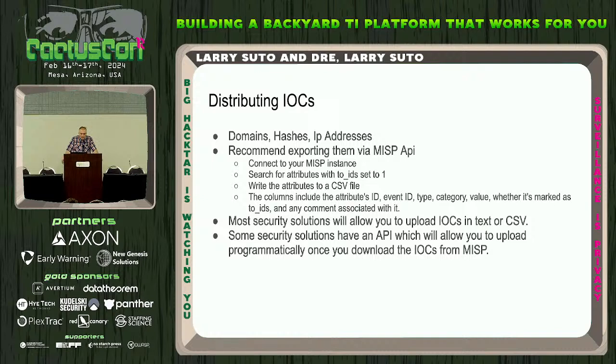That's why the Python code is really nice. With the MISP API, you can export all the IOCs with the to_ids flag set to 1, and then create a file with those JSON objects, or a CSV, or just a name-value list in text, and import them into your tool of choice.